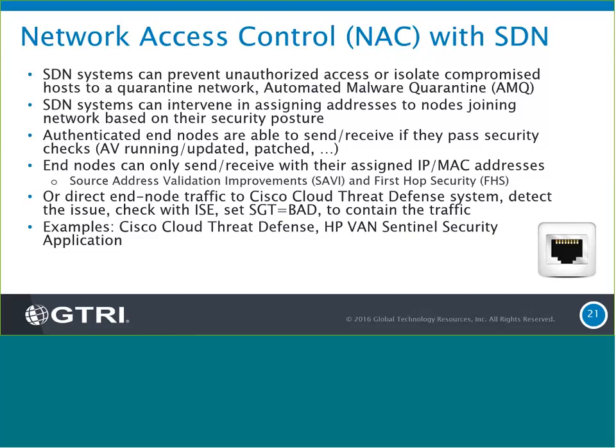Also, at end nodes, we want to have network elements that are more intelligent than just traditional Ethernet switches that just put ports into VLANs. The IETF has this source address validation improvements working group that is taking some of the functionality in a DSL or a cable MSO infrastructure like a CMTS, cable modem termination system, functions that service providers have used for many years to prevent subscriber-to-subscriber traffic, and to prevent subscribers from doing bad things to the network devices.